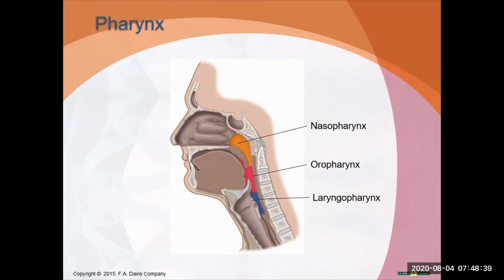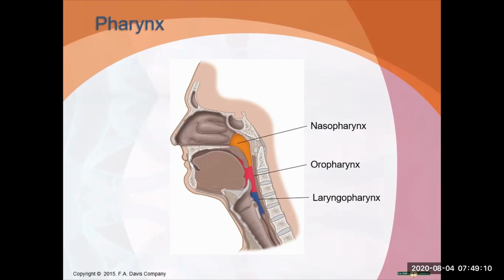It contains the palatine tonsils, the ones most commonly removed by tonsillectomy, as well as the lingual tonsils found at the base of the tongue.